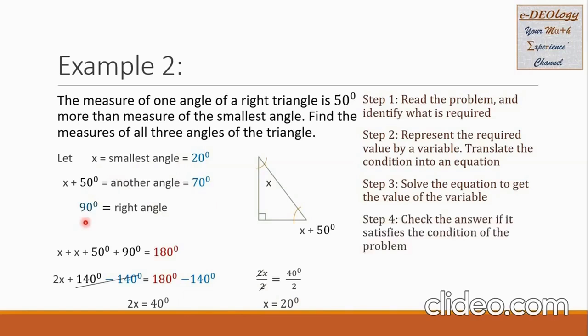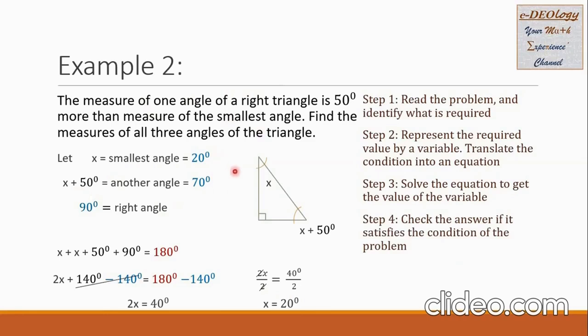Step 4, check the answer if it satisfies the condition of the problem. Look at our first condition here, where the two angles are compared. The middle angle should be 50 degrees more than the smallest. So look at this 20 degrees and the 70 degrees.